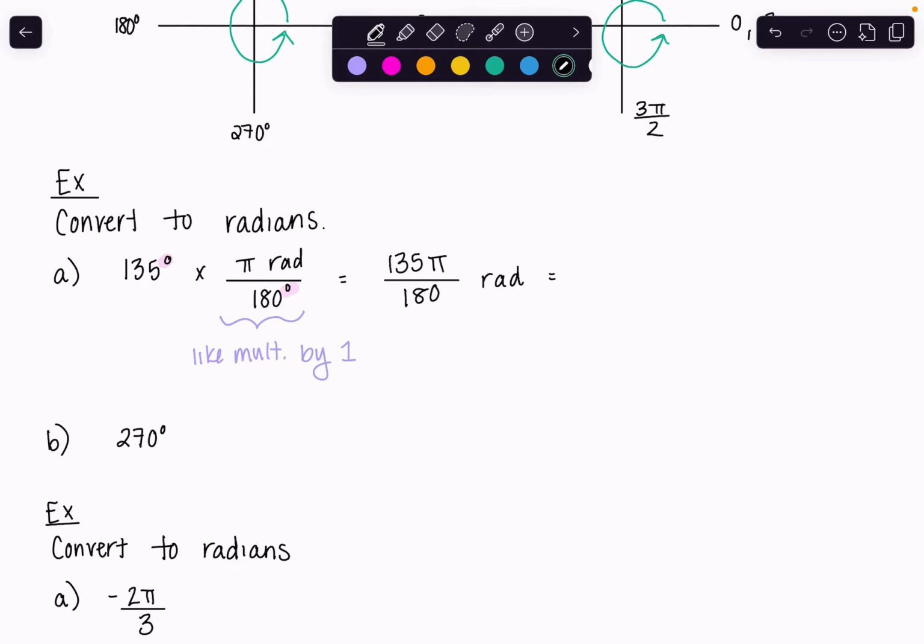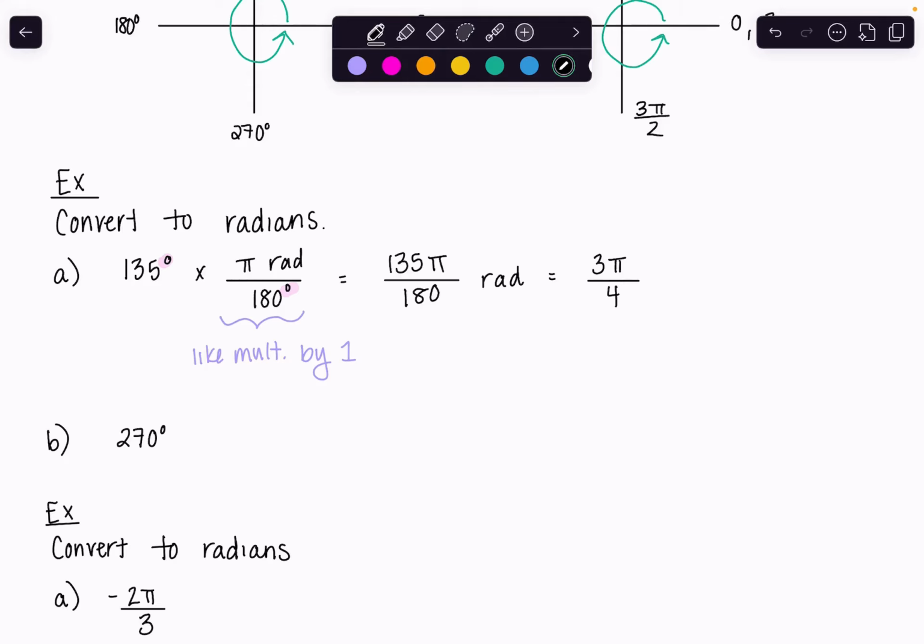So you can go ahead and divide top and bottom by 5 since they're multiples of 5, and then hopefully you'll see you can divide it by something else. Really, the biggest thing you can divide into both of these is 45. So 135 divided by 45 will give you 3, and then 180 divided by 45 will give you 4.